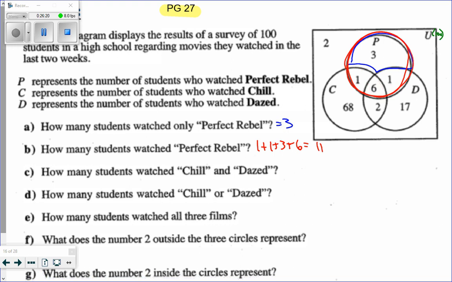How many students watched Chill and Dazed? Okay. So Chill and Dazed. So Chill is right here. Dazed is right here. So Chill and Dazed is that part right there. It doesn't matter that the 6 is also part of the other one. It doesn't matter.